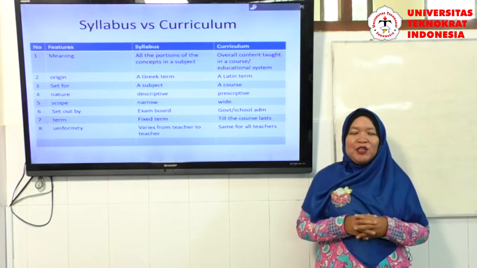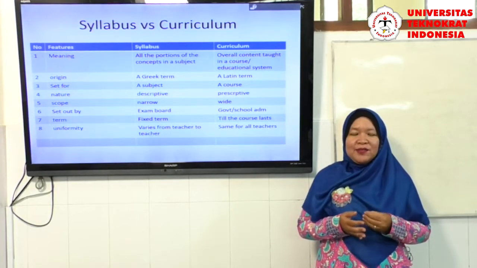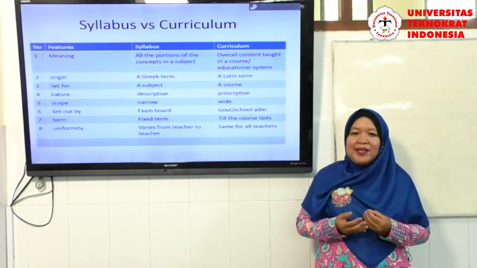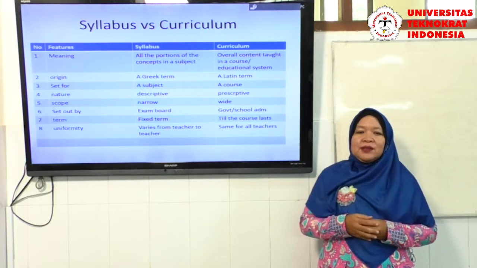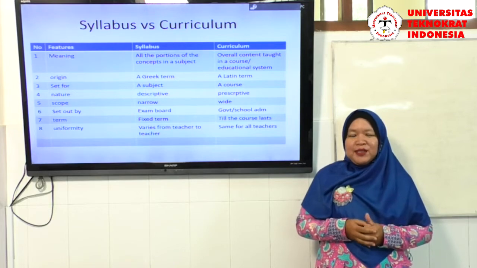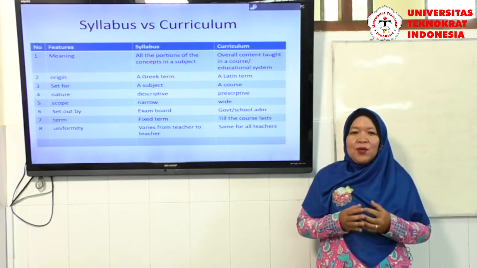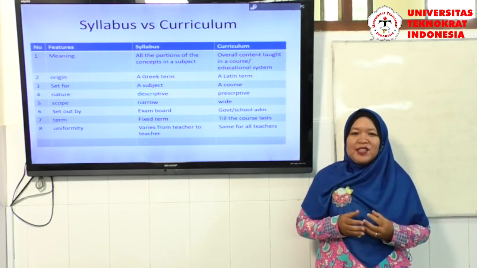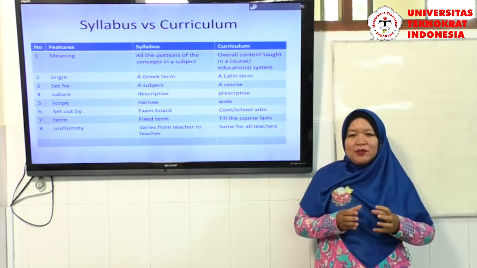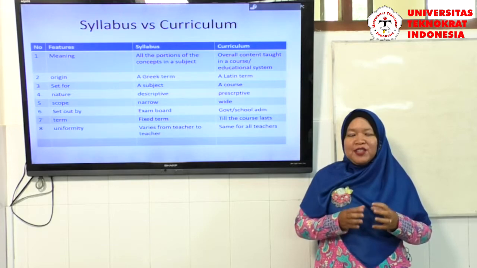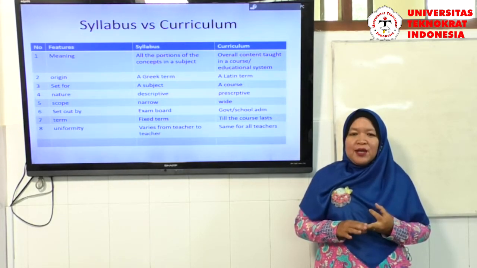Well, now, to help you understand further the difference between syllabus and curriculum, let's see the comparison in the table. Now, about the meaning. The meaning of the syllabus is all the portion of concepts in the subject. For example, English. In the syllabus of English, everything about the English subject, the skills, the aspects, the evaluation are given.